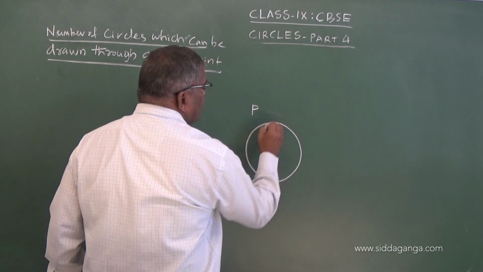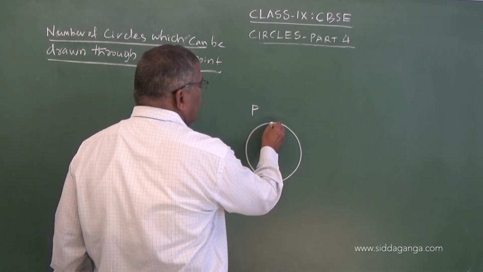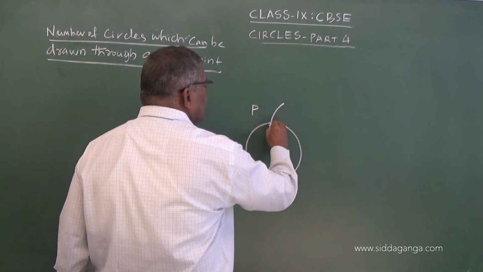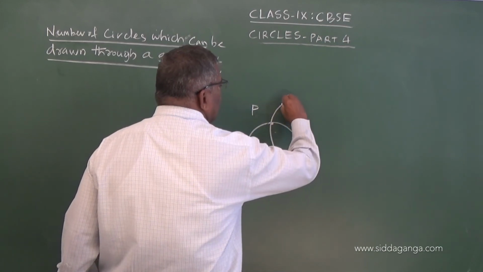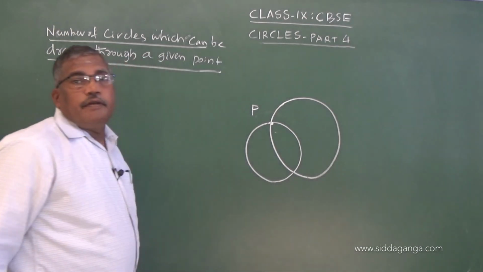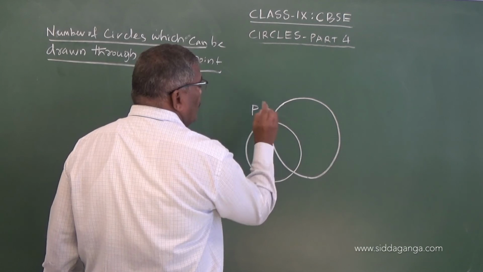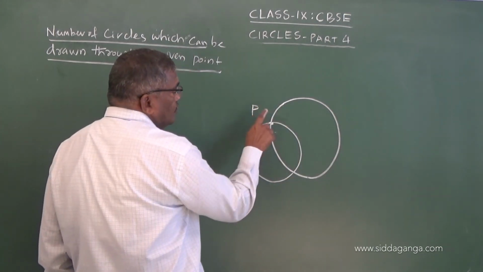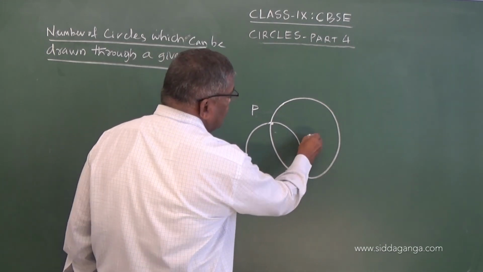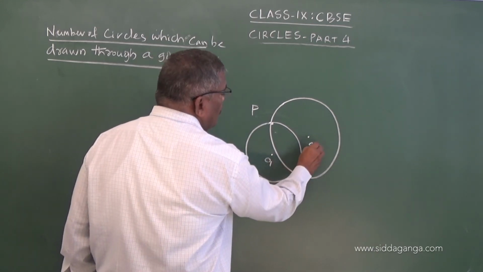This is point P. Now, with some other radius, with some other point as center, I can draw another circle like this. The only condition is that the circle should pass through P. This is the center of the second circle, this is the center of the first circle. I will call these O1, O2.